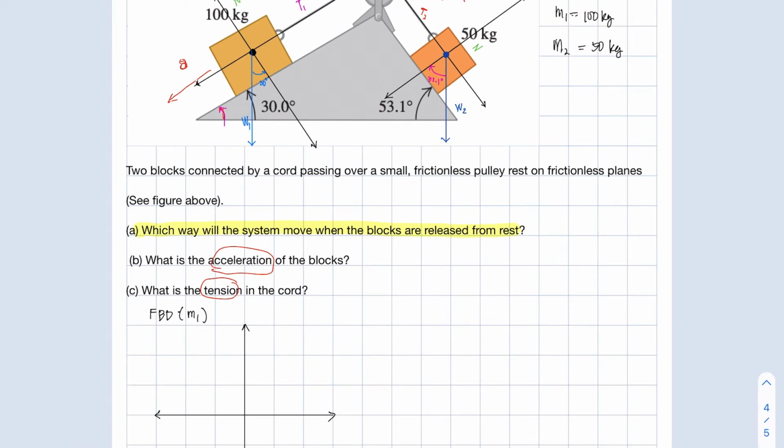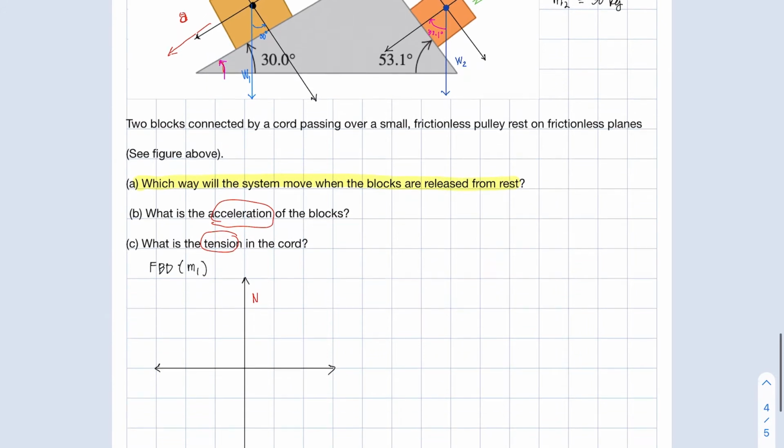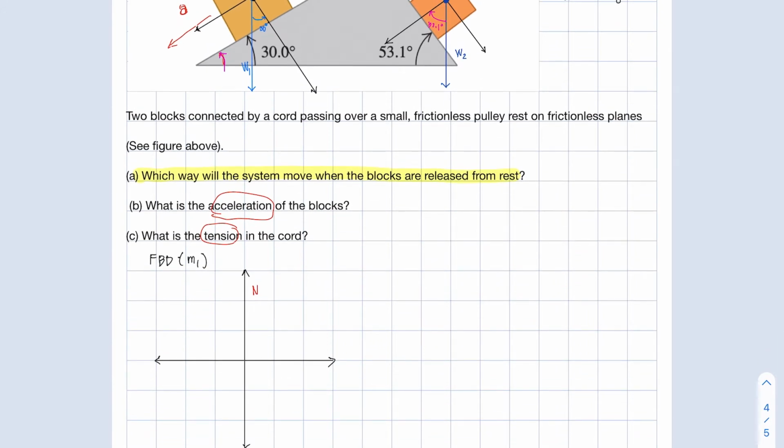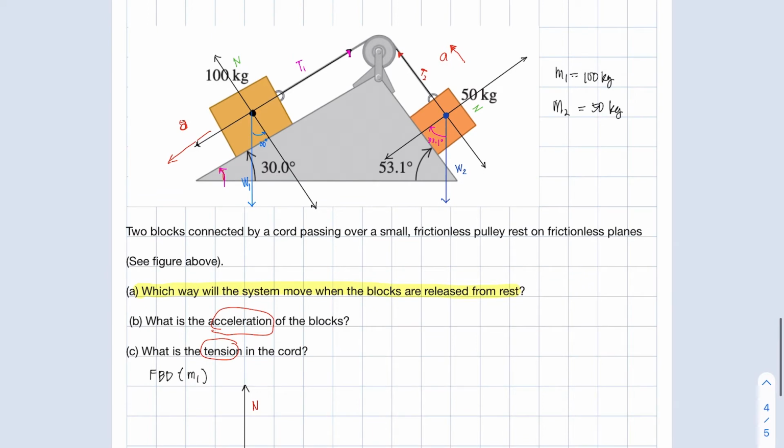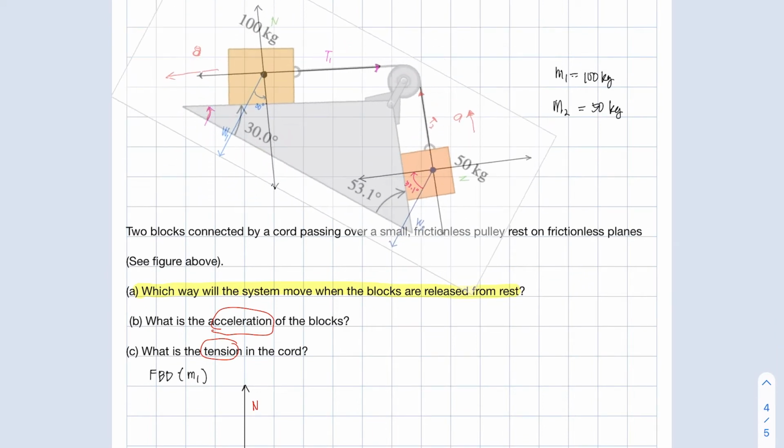So what happens, as you saw earlier, this will be the normal force N, and I'll use a different color. You take note that the weight is no longer going straight downward, but it already has components because it's already at an angle. As I said earlier, you need to rotate this one.